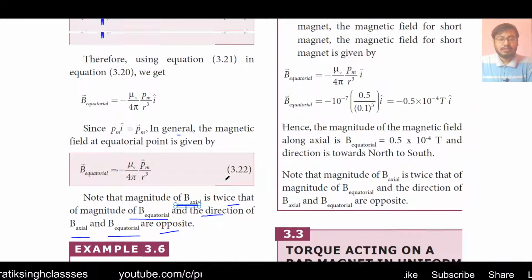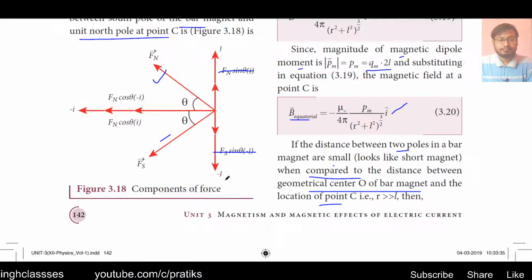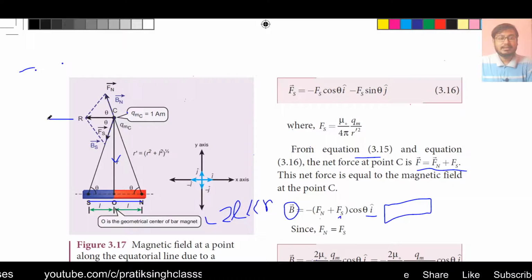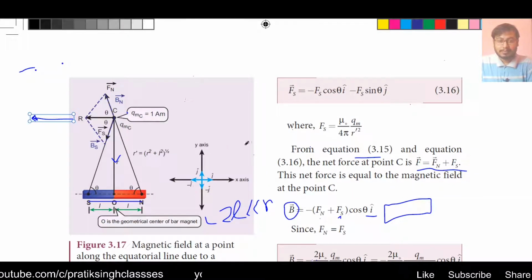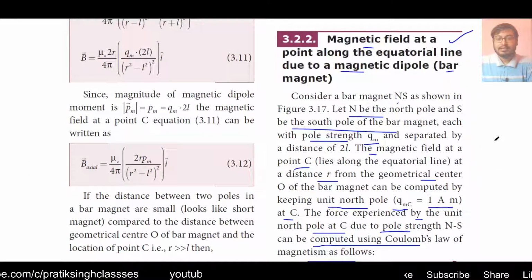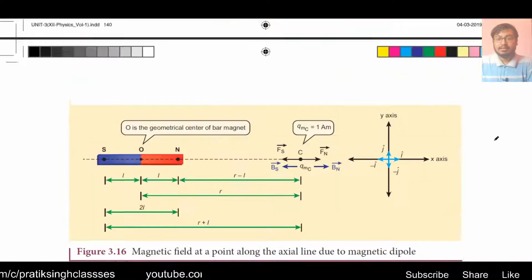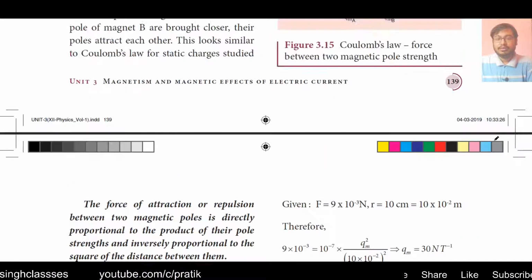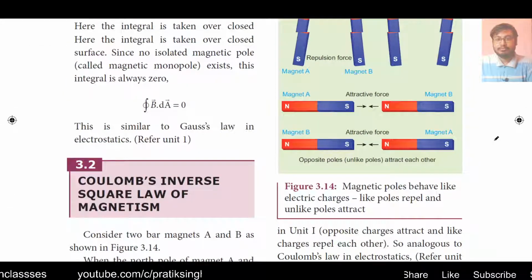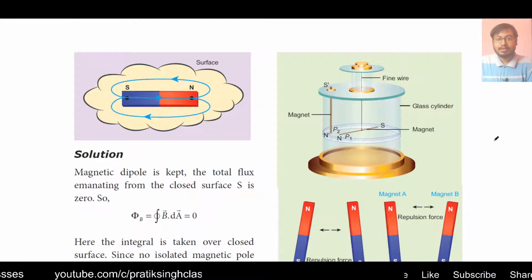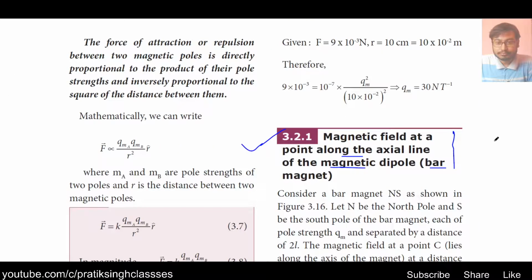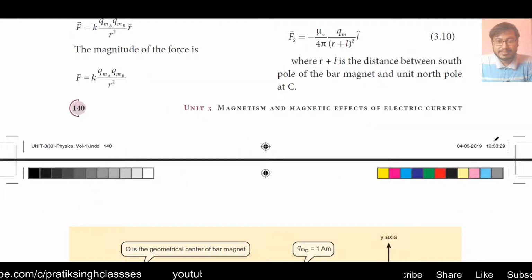So as you compare here, the direction of magnetic field at point C is towards the minus x-axis direction. But in the previous class we have seen that when we took the point on the axial line, the direction of the resultant B was in the positive x-axis direction.